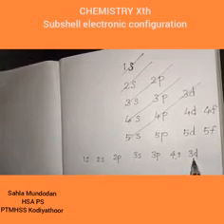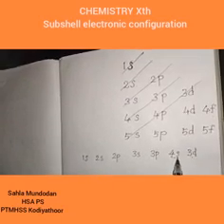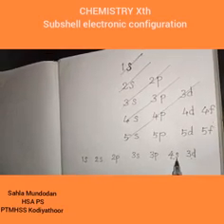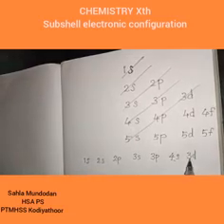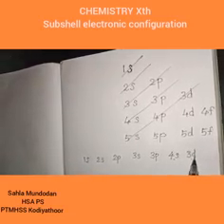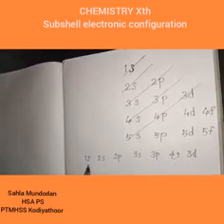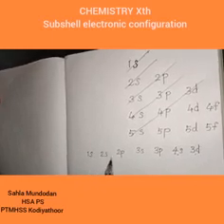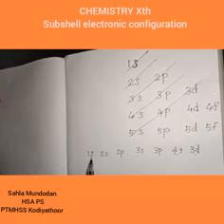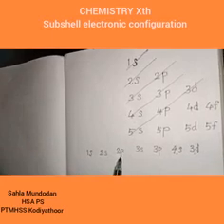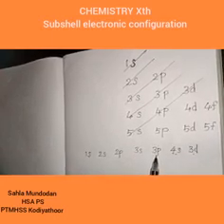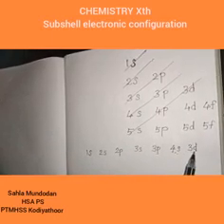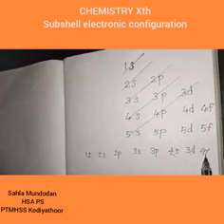Because the energy of fourth S subshell is less than energy of third D subshell. Therefore, electrons are filled like that. That is 1s, 2s, 2p, 3s, 3p, 4s, 3d, 4p, etc.